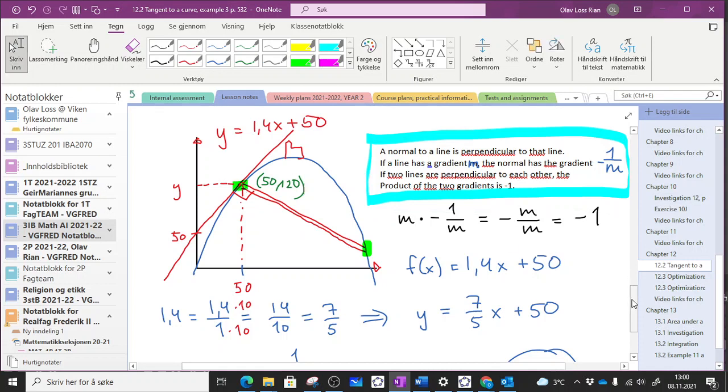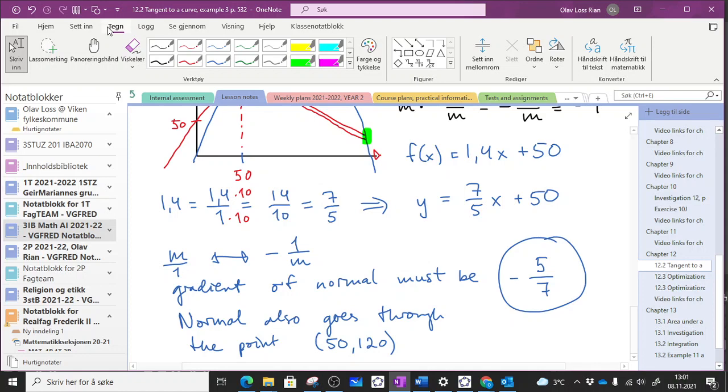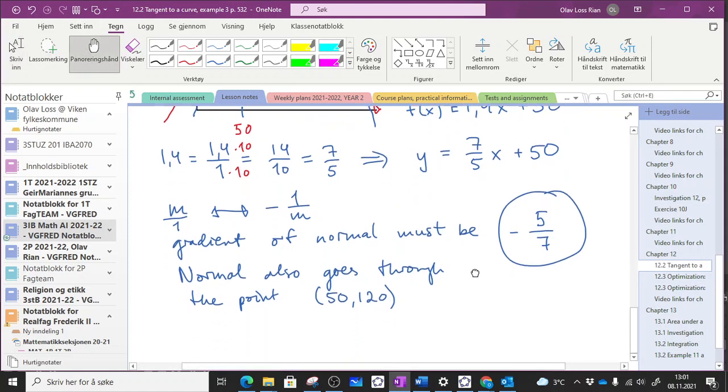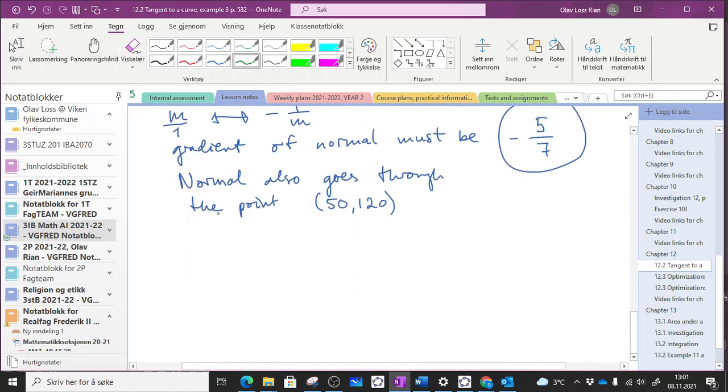So we can find the equation for the normal by using the point gradient formula again. So this was y equals m times x minus x1. So we're using the other form now, which is easier to use. So that's the point gradient formula.